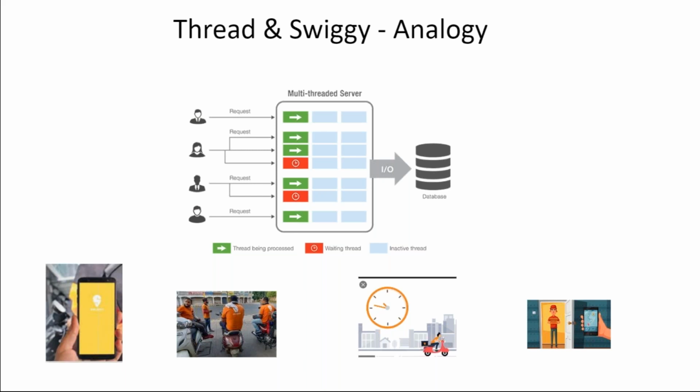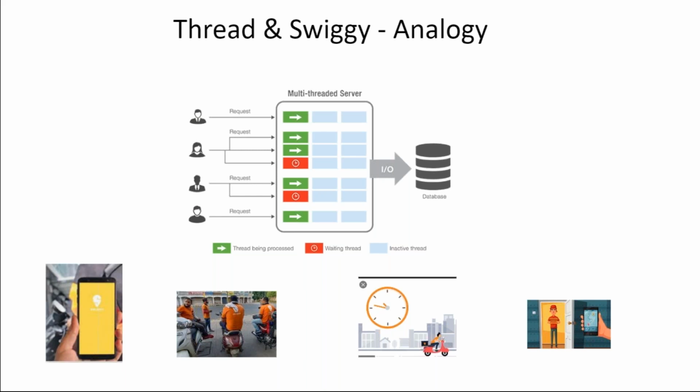Whoever is free is going to get assigned. So there are going to be multiple delivery persons waiting somewhere in the nearby area. Once a request comes, whoever is free gets assigned to that work, picks up that food from the restaurant, and then delivers it to the respective address.